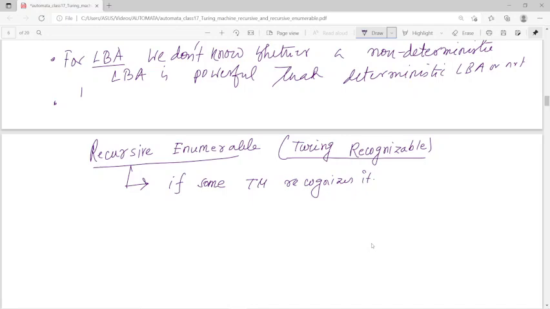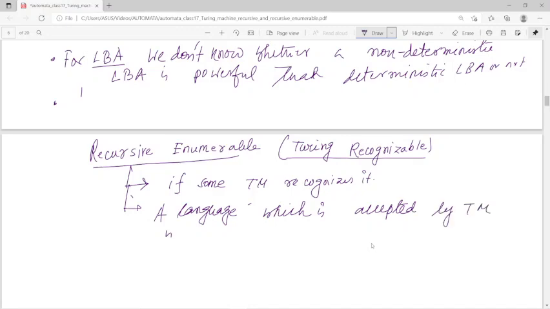But a language which is accepted by a Turing machine is called a recursively enumerable language.